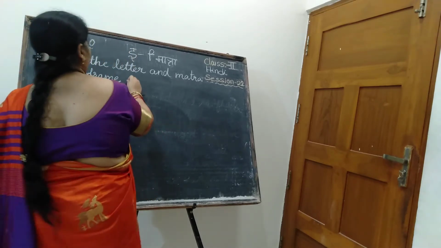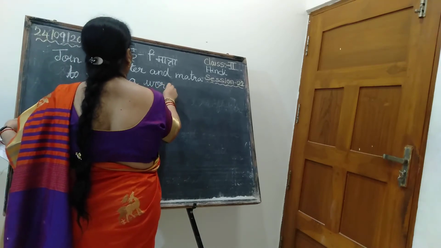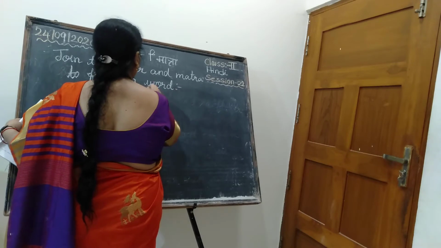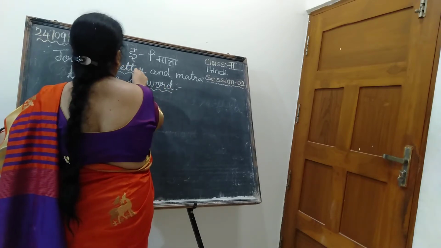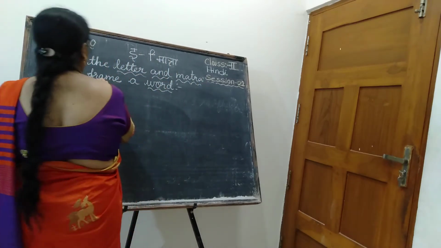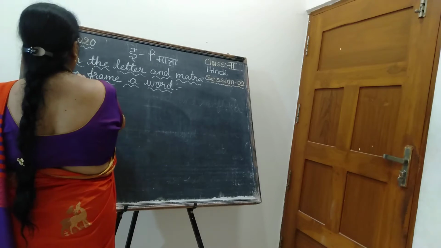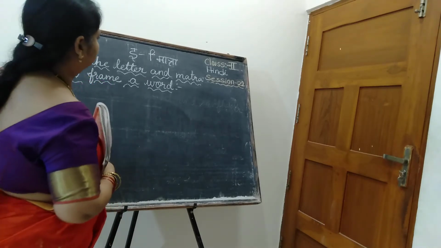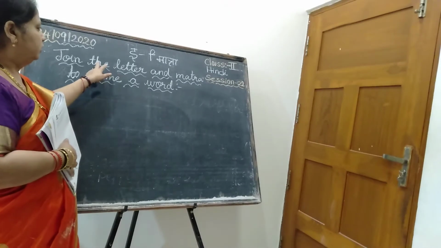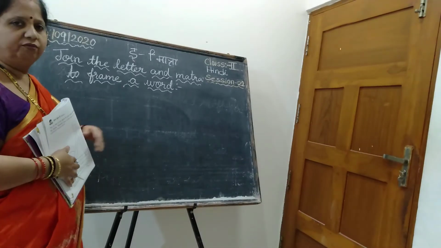How do you understand? Yes, because you people don't know other matra and strokes, isn't it? This year only you started learning the matra. So how can I write a heading in Hindi? If I write in Hindi also you won't understand. That's the reason the teacher is writing this heading in English. Okay, so you can understand, this is very easy for you. Join the letter and matra to frame a word.